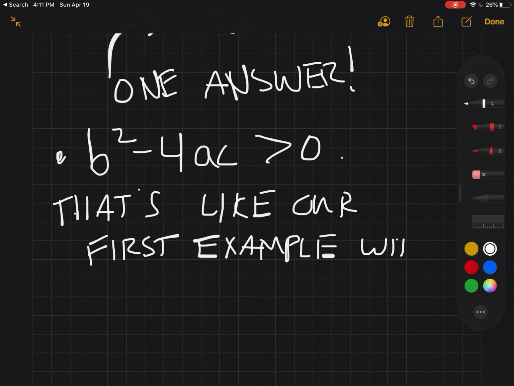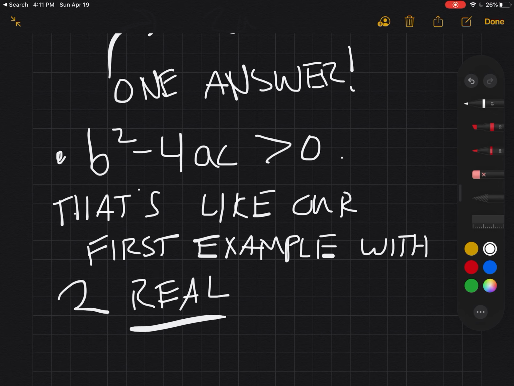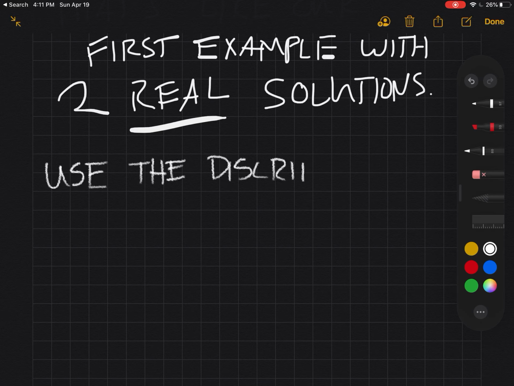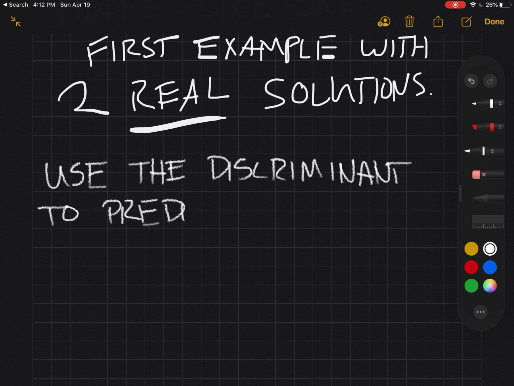The other situation we could have is b squared minus 4ac could just be bigger than 0. That's like our first example. With two solutions. With two real solutions. Real numbers, not complex numbers. So let's do a couple examples.